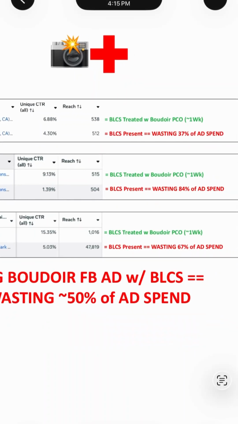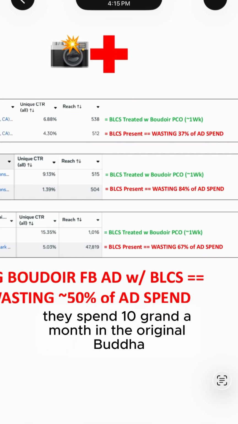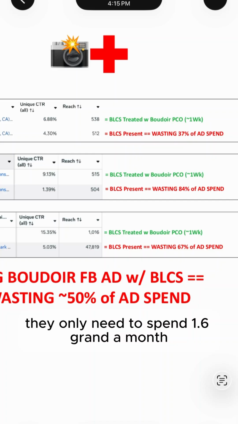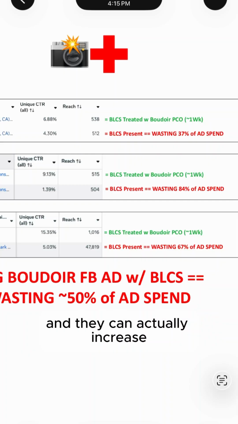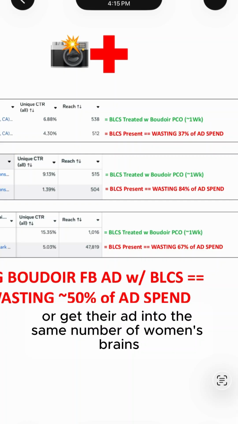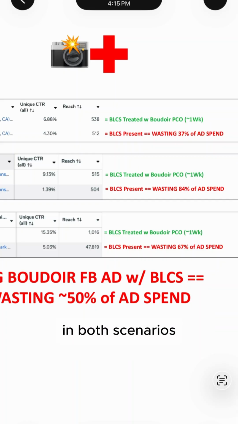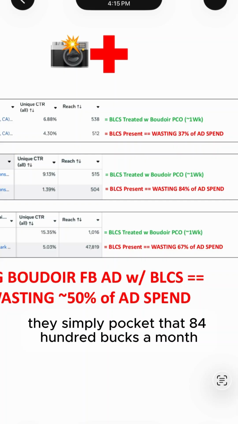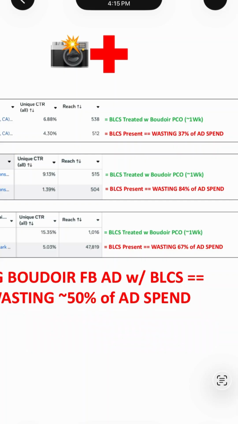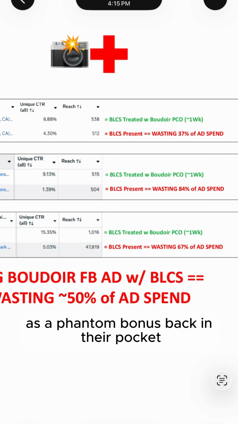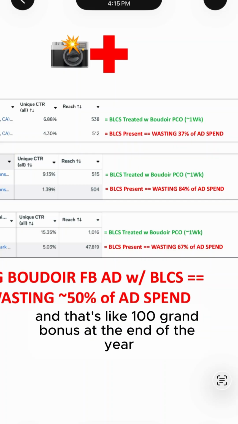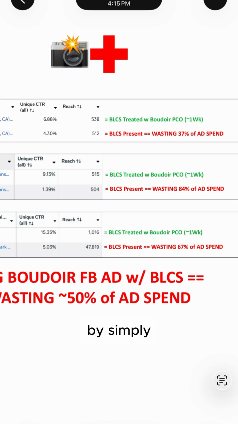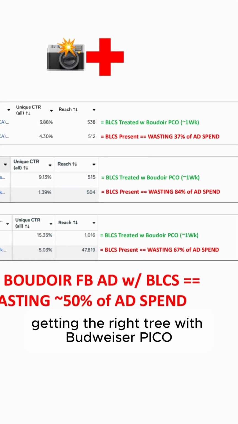As a result, they spend 10 grand a month on the original Boudoir Facebook ad, and now they only need to spend 1.6 grand a month on the Boudoir Pico treated ad to get their ad into the same number of women's brains in both scenarios. So they simply pocket that $8,400 a month, not needing to spend it anymore, as a phantom bonus back in their pocket, no extra work required. That's like a 100 grand bonus at the end of the year by simply getting their ad treated with Boudoir Pico.